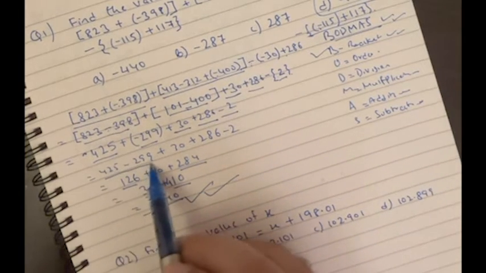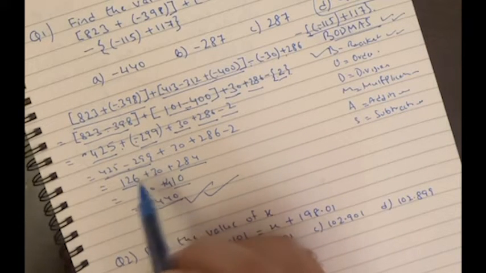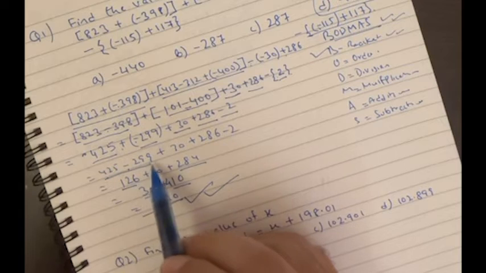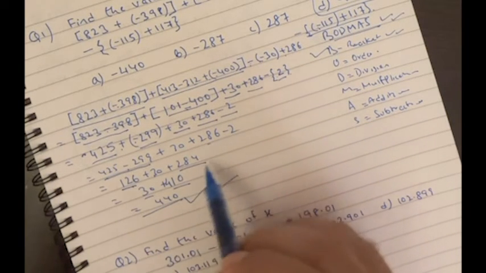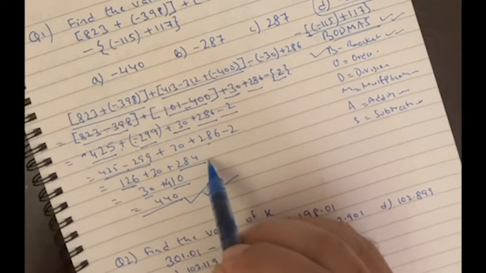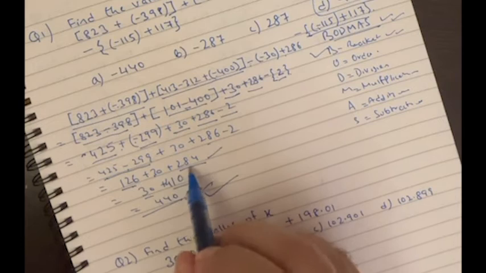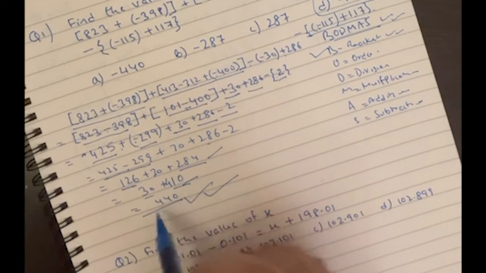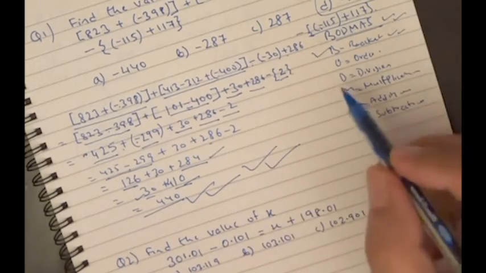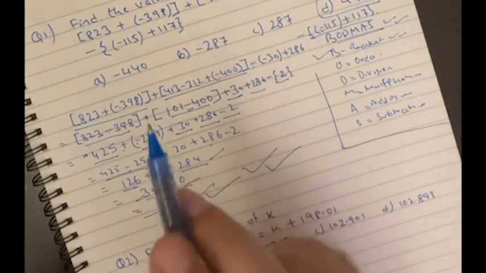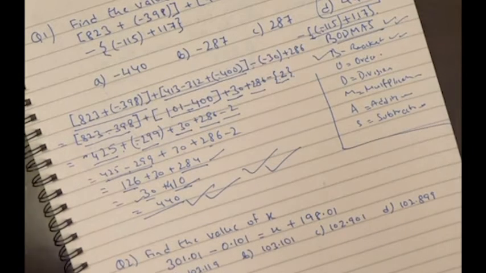Now we have done the calculation over here, plus minus becomes minus again. 425 minus 299 will give us 126, 30 is here, 286 minus 2 will give you 284, and then when you add 284 with 126 it will give you 410, and when you further add 30 it will give you 440. So this is how you basically solve an expression like this with the help of BODMAS.